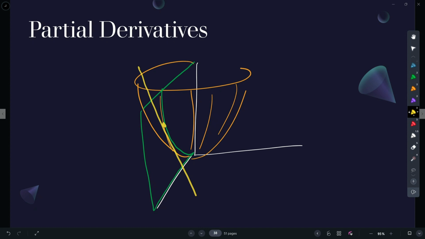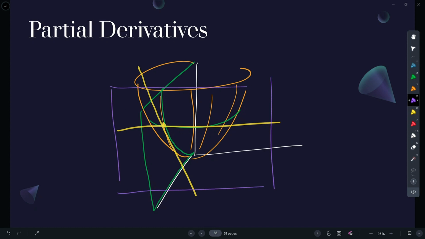I can also look at this direction here. I can look at the line that passes through that tangent over there, and then I can draw the plane where that line is.